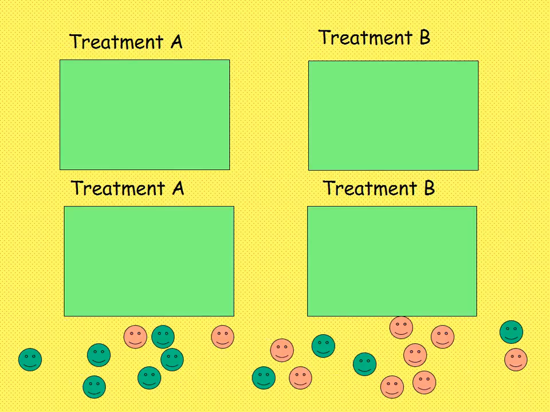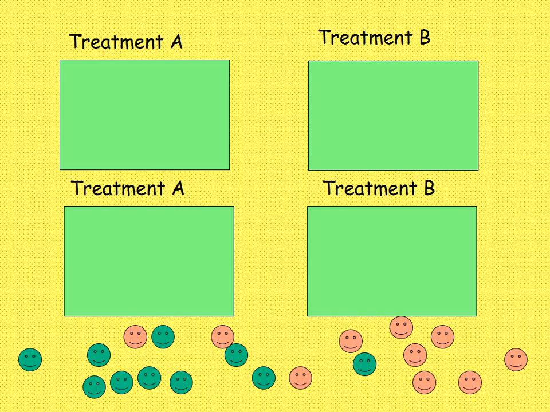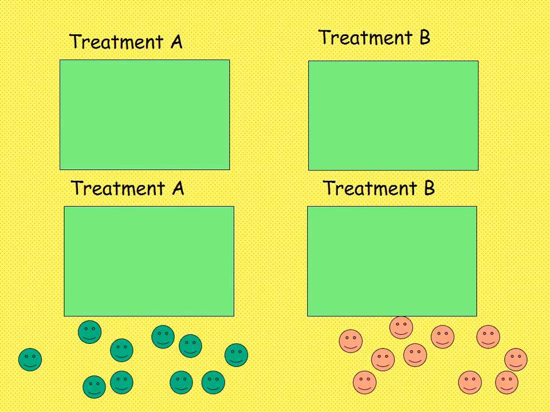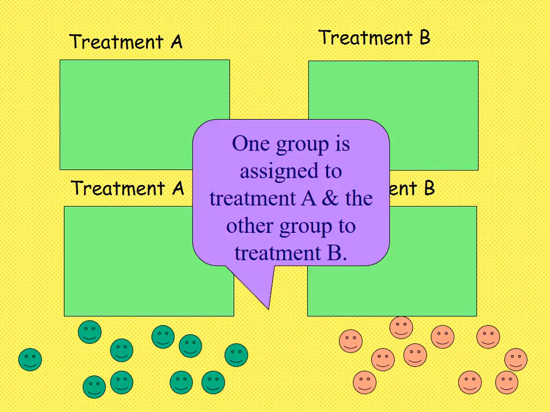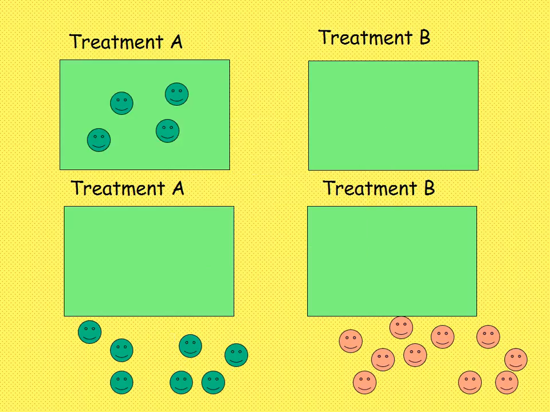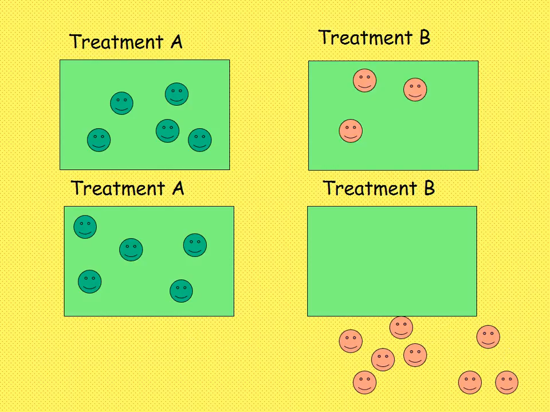Now we're doing this test, we're separating the individuals. We're doing it grouped based on gender, because one group's assigned to treatment A, the other group assigned to treatment B. What's wrong with this experiment?